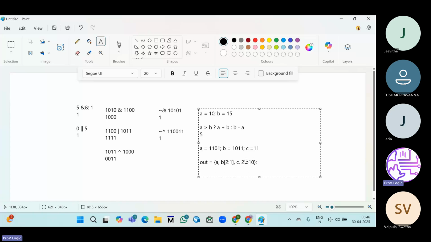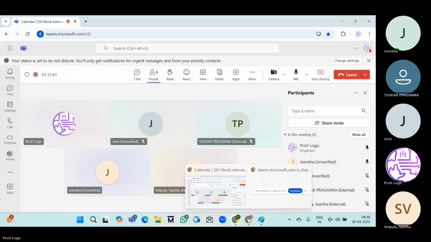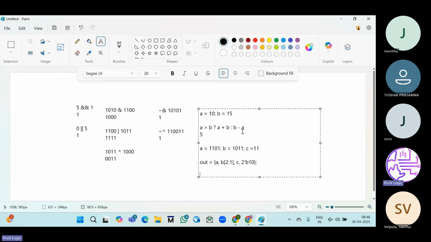What type of operator it is? Are you there? Okay, Jarin, you can answer. Yeah, it's a concatenation operator.